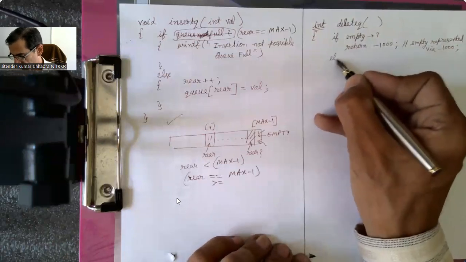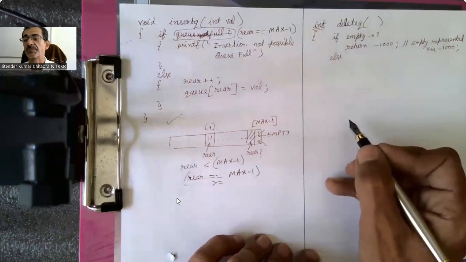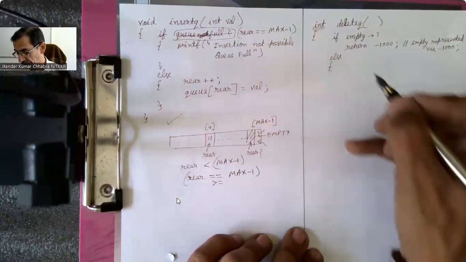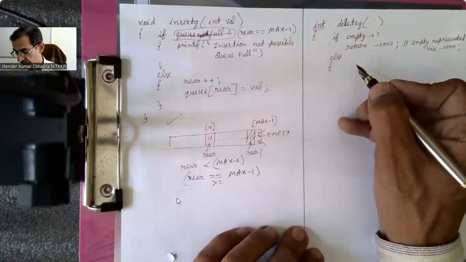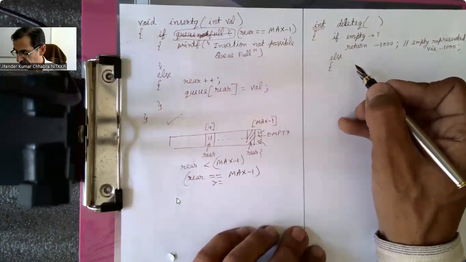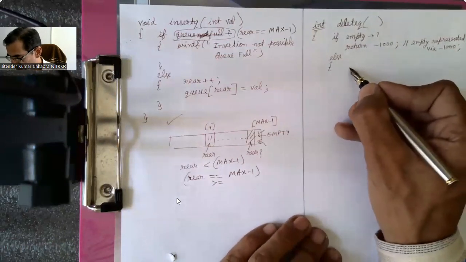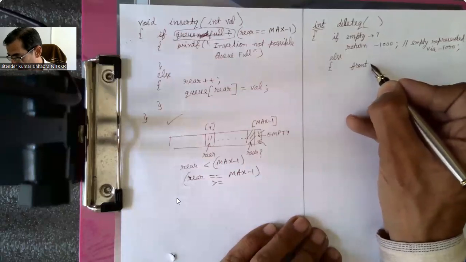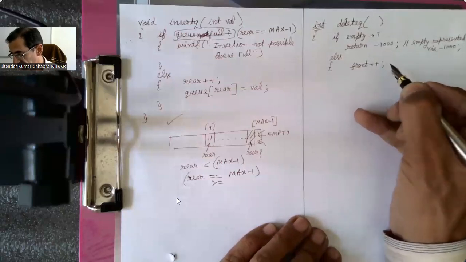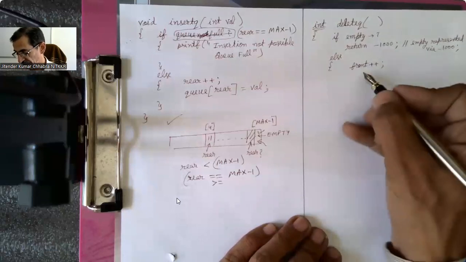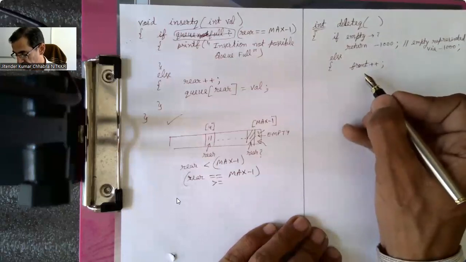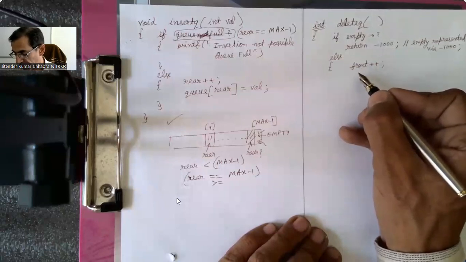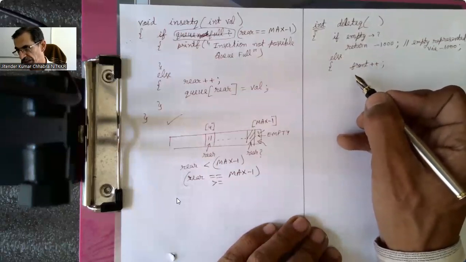Else, deletion is permitted. How to do? Using the front variable, using front index. Front is initially minus 1. So guaranteedly first I have to increment front. And because the queue is not empty, that means there is guaranteedly some data available at the next to front position. So that is to be deleted. Front plus plus, because initially front was minus 1. First element stored was at index 0.